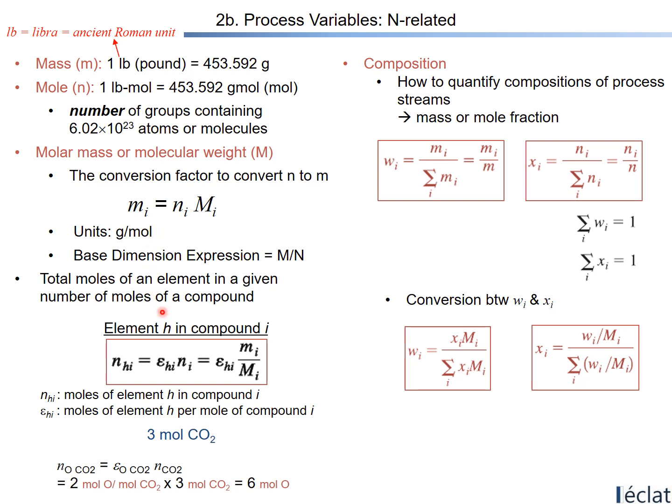Here is how to calculate total moles of an element in a given number of moles of a compound. Let me give you an example. We have 3 mole of carbon dioxide, and the number of moles of oxygen in 3 mole of carbon dioxide is the number of moles of oxygen in 1 mole of CO2 times the number of moles of CO2.